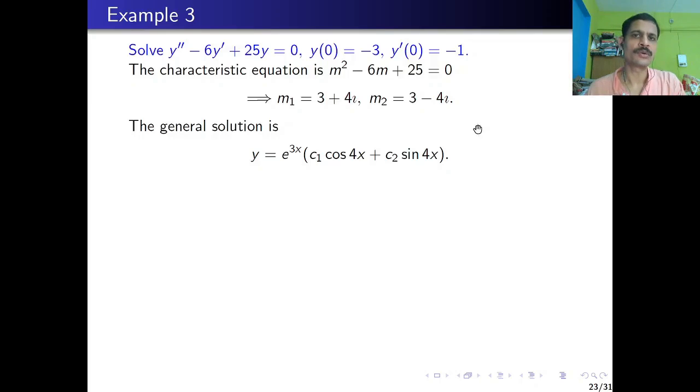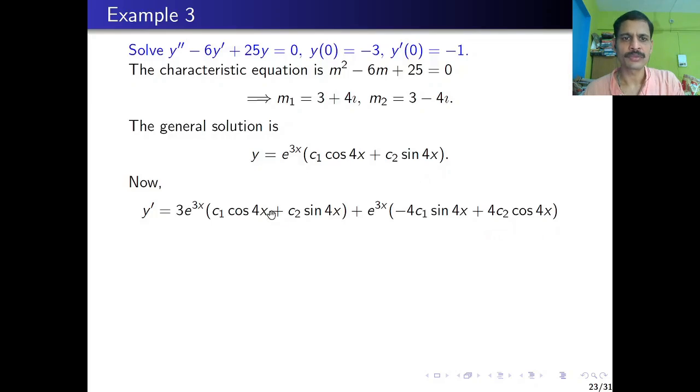Now in order to get the solution of this initial value problem, we have to use the initial conditions. For that, first we differentiate this. When we differentiate, we first differentiate e raised to 3x and keep the next term as it is. So we get 3 e raised to 3x times (c1 cos 4x plus c2 sin 4x), plus now we keep e raised to 3x as it is and differentiate the second quantity.